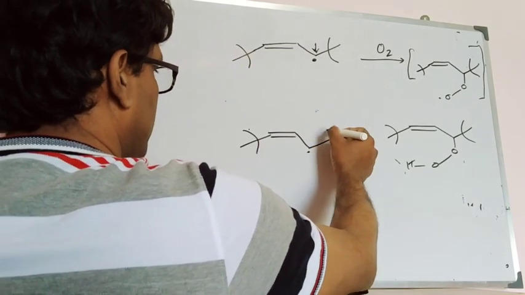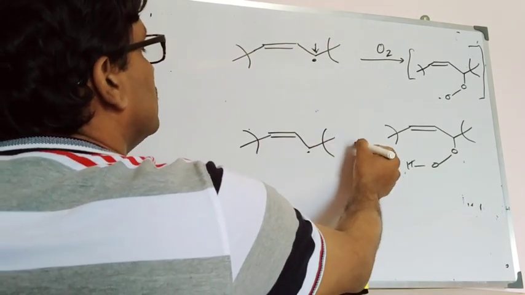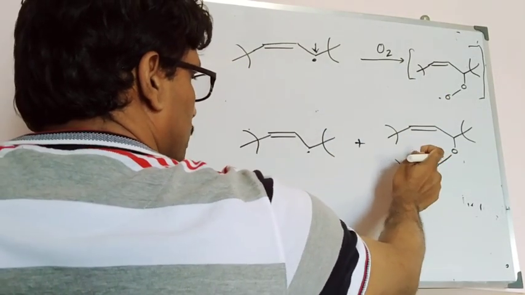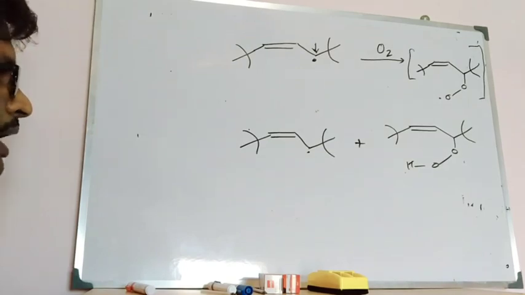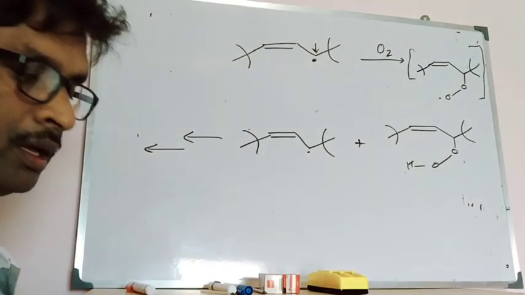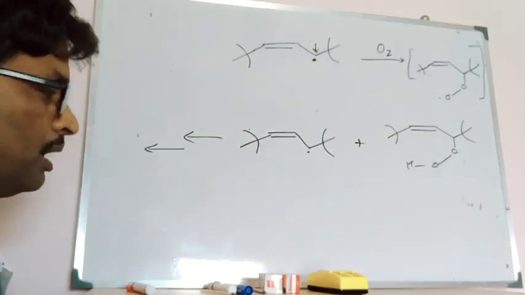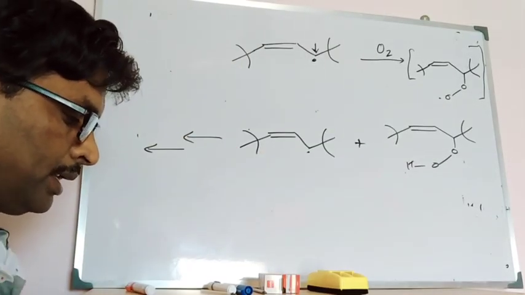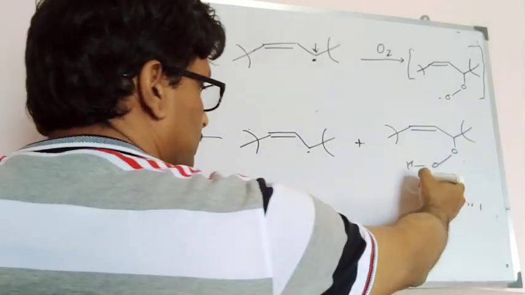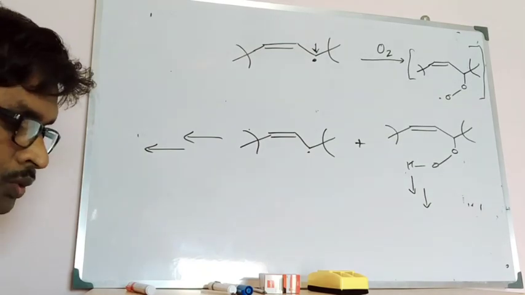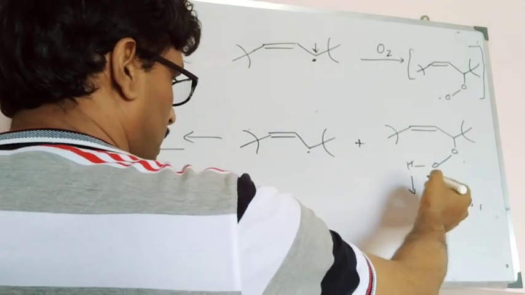This is taken from a saturated one, so that it gives the corresponding hydroperoxide, and this one again gives this. So this free radical reaction can be carried out, and finally this hydroperoxide can be converted to the aldehyde, ketones, or epoxide or carboxylic acid.